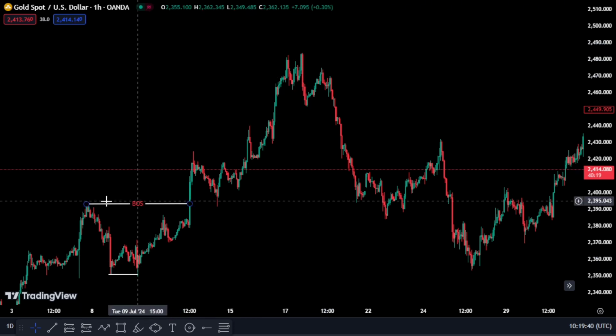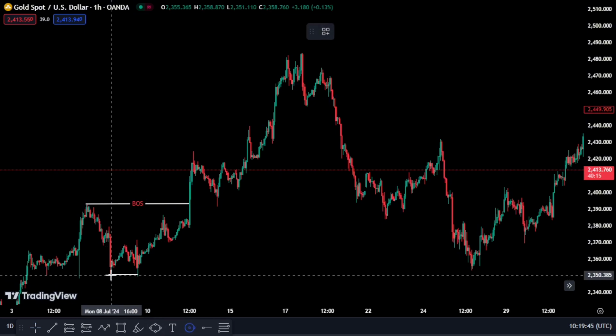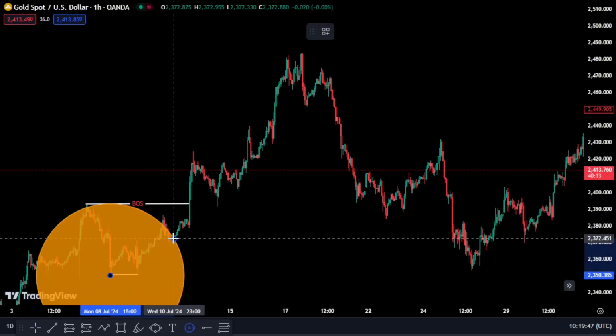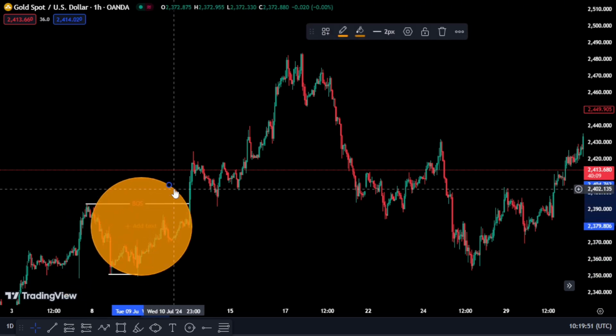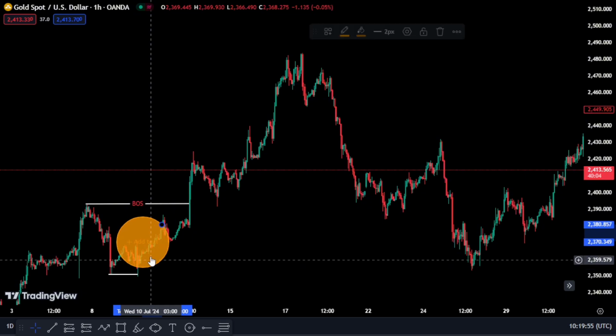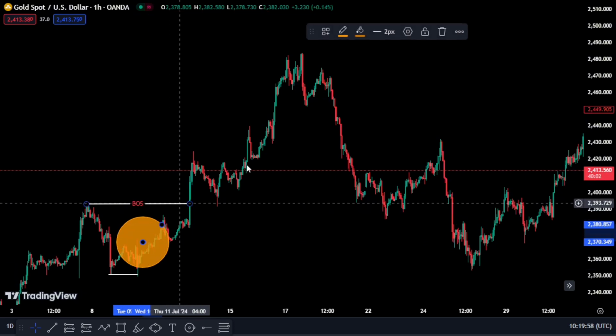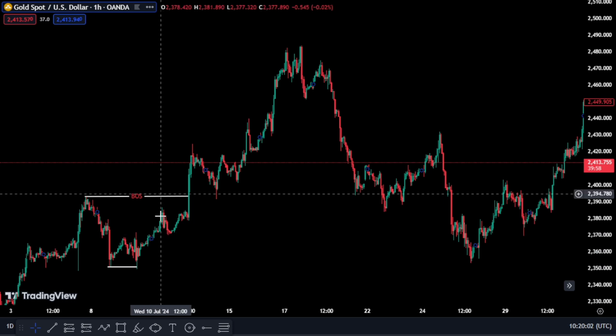What I'm trying to say is everything from the sweep of liquidity until the break of structure is substructure until that break happens.